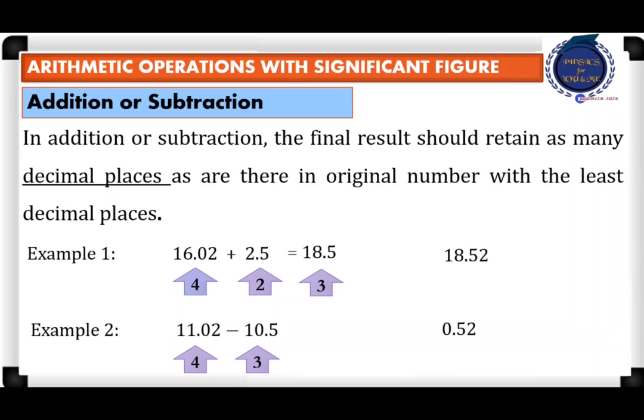The least number of decimal places is the second one, which has only one decimal place. Therefore, the answer must also contain only one decimal place. Hence, the correct answer should be 0.5. The number of significant figures in the final answer is only 1.